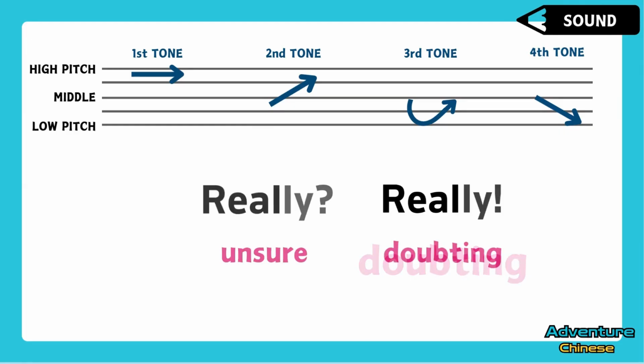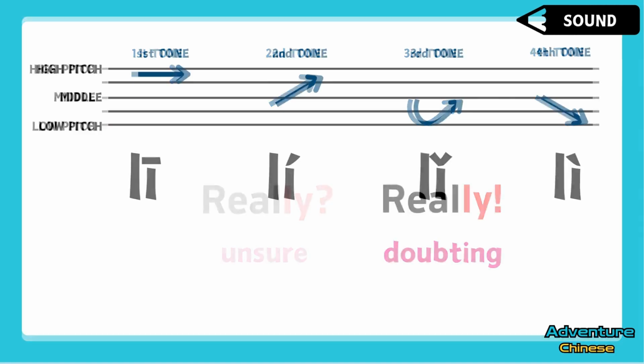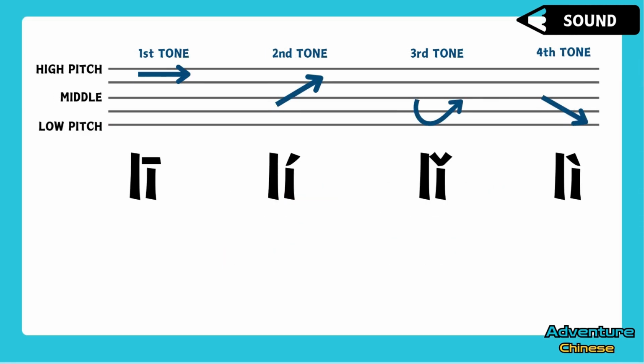Now please pay attention to the ending sound in both cases and how they are similar with the second tone and third tone in Chinese. Now let's use our emotional tones to help us practice more intonation in Chinese.